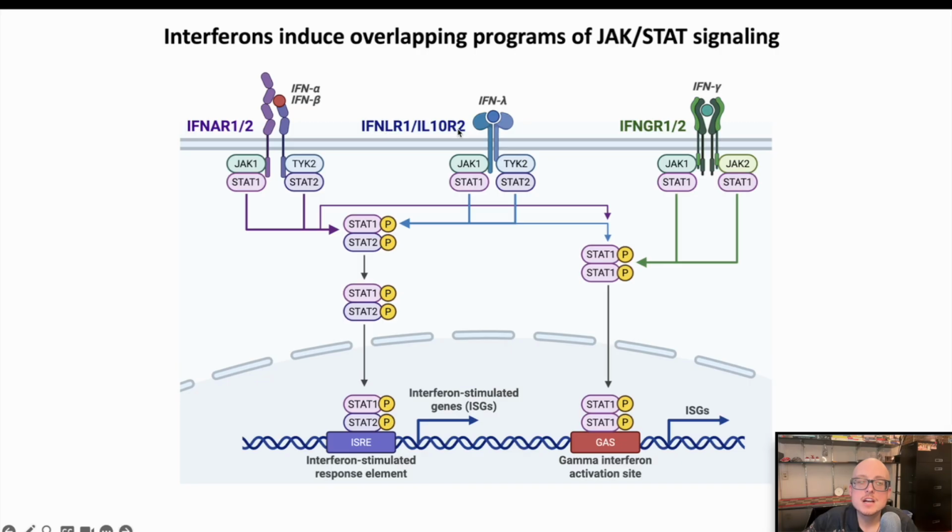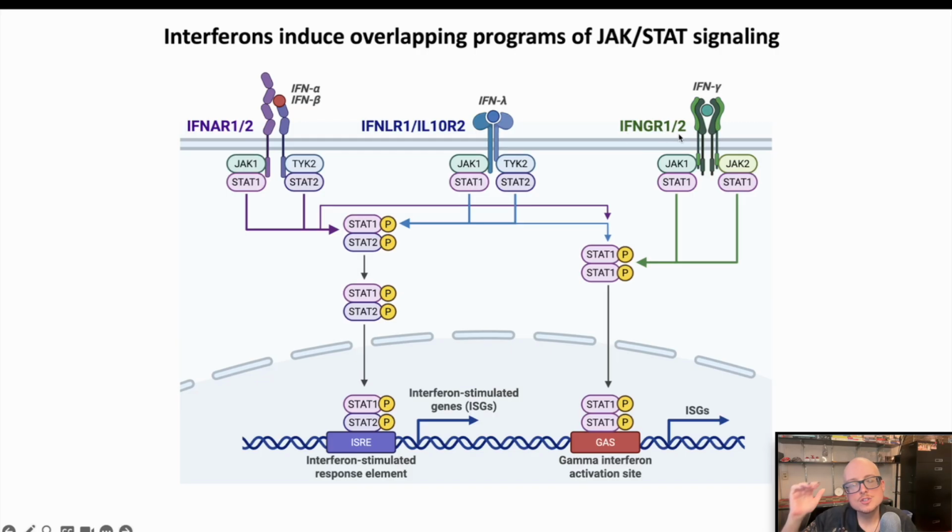This is a heterodimer of sort of 2 distinct subunits, but overall you can see that at least one of them is named interferon lambda receptor. That's because it is complementary to the interferon lambda cytokine ligand. Finally, the type 2 interferon receptor, which recognizes interferon gamma, is also a heterodimer made up of interferon gamma receptor 1 and 2 chains.